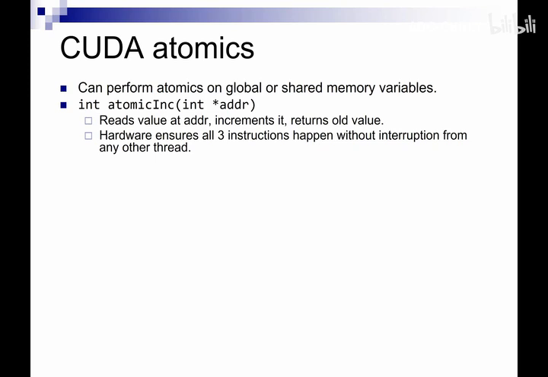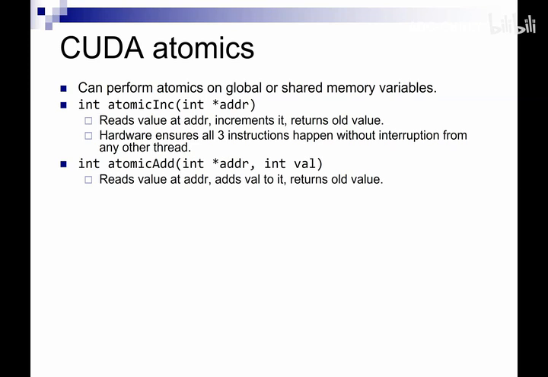This atomic inc is going to read the current value at this address and return this value to you. Furthermore, it's going to increment the value by 1. And all these operations are going to happen atomically. So you both get back the old value, and then the value goes up by 1. And this happens atomically.